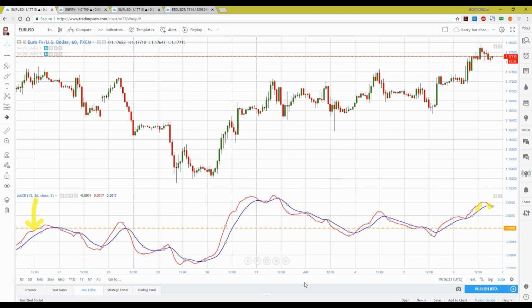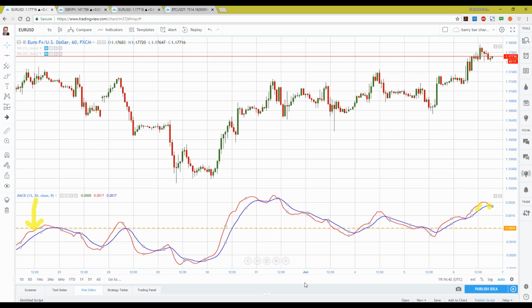Our MACD line is the red line only because that's what I chose. And our trigger line or our signal line is the blue line. When the two lines cross over, or the signal or trigger line crosses the MACD line, it gives us transaction signals.